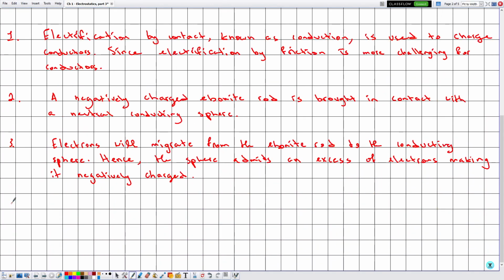Now let me mention statement number 4. The conducting sphere is placed on an insulator stand to trap the electrons.